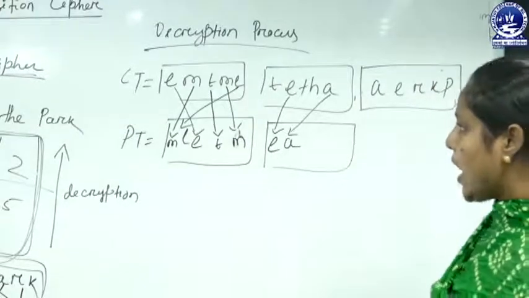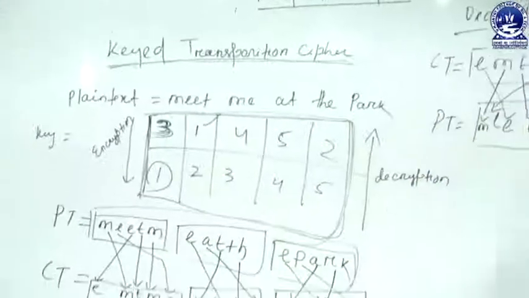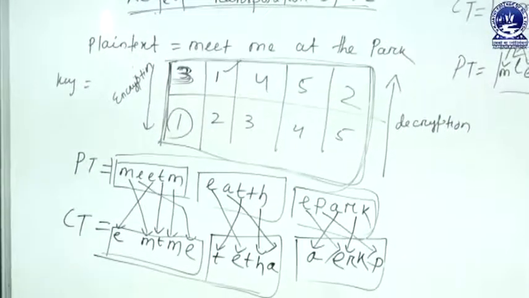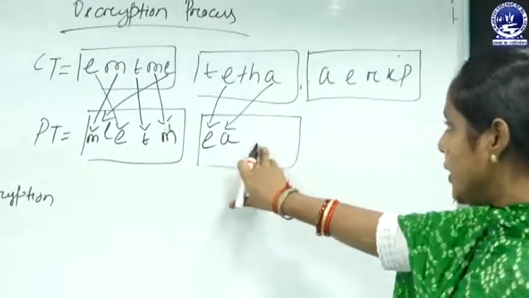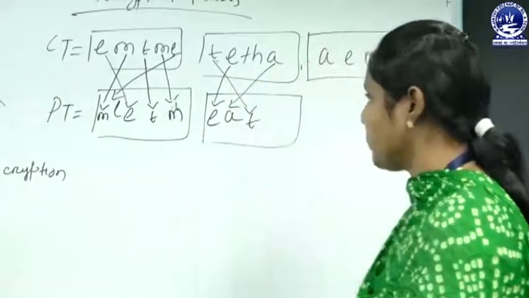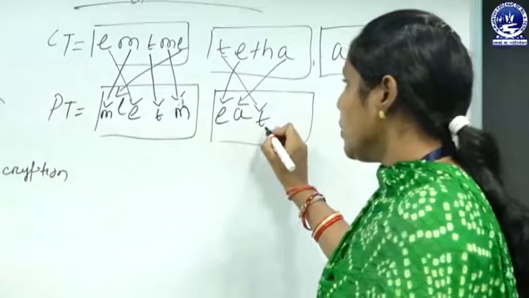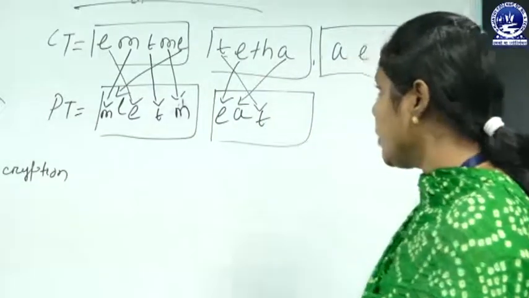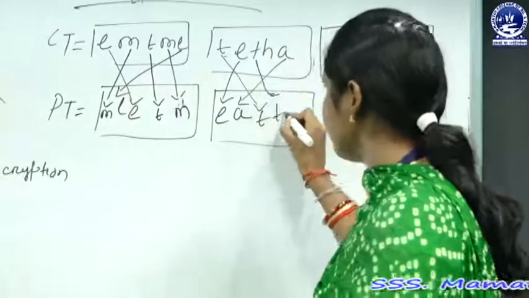Then next the third character of our plain text is the first character of our ciphertext, that is T. Then next the fourth character of our plain text is the third character of our ciphertext, here T.